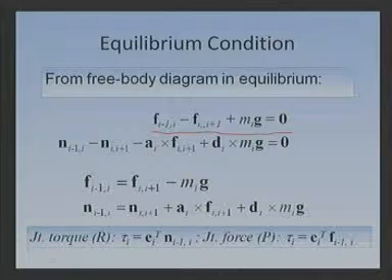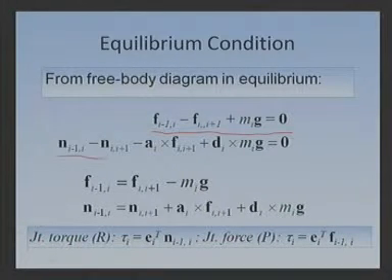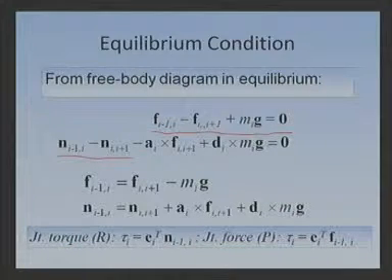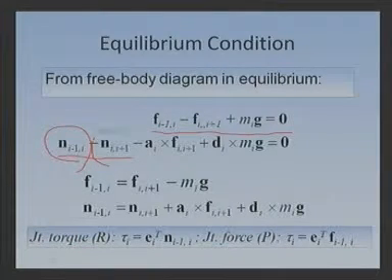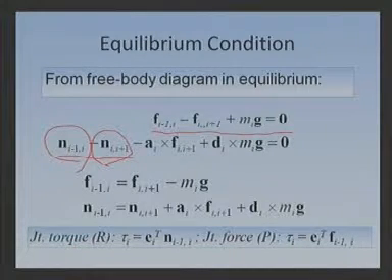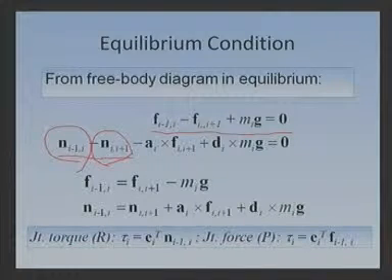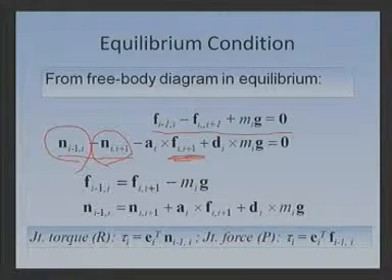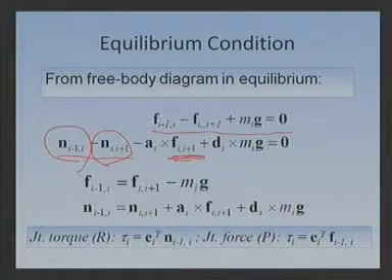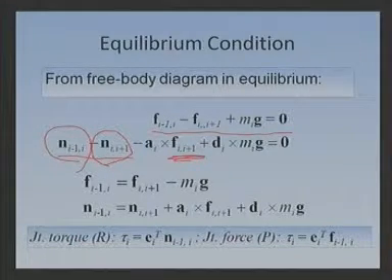Now I write the moment balance equation. The moment applied by the (i-1)th body to the ith body is this much, then due to the interaction with the (i+1)th, which is this much, then there are components due to the force applied by the (i+1)th to the ith body.